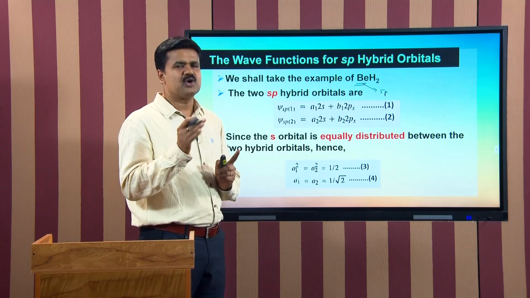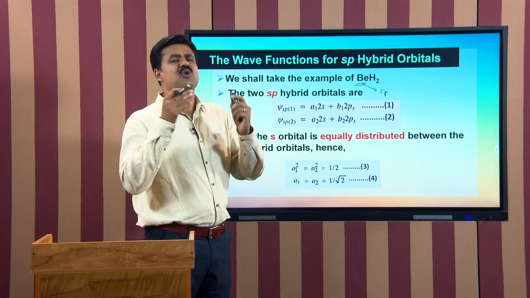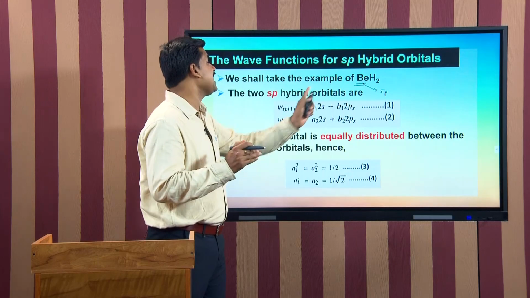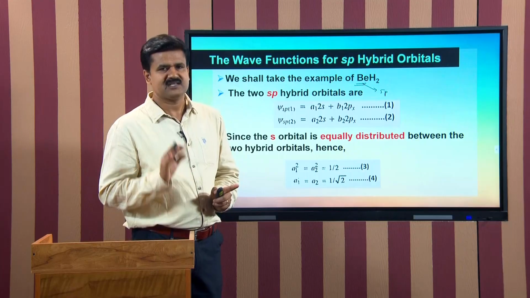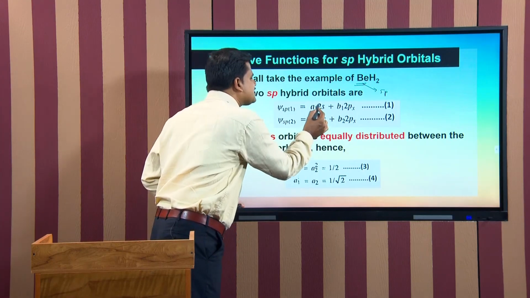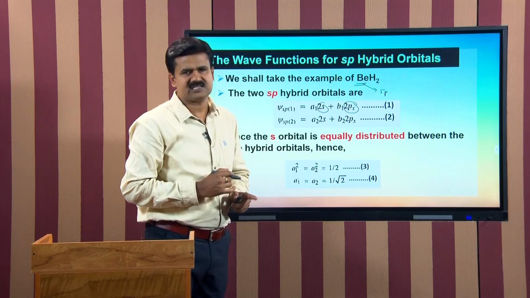And based on the principle of linear combination of atomic orbitals, quantum mechanics insists that we represent two sp hybrid orbital wave functions as a linear combination. So, imagine in the BeH2 molecule, a 2s orbital and a 2px orbital are taking part.